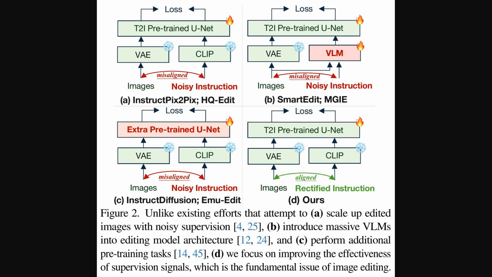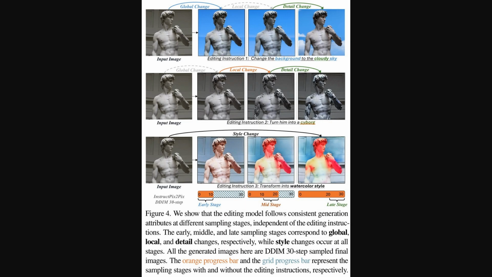Okay, so Figure 2 showed us the what of SuperEdit's architecture. Now, Figure 4 gives us a peek into the how, specifically how the model handles different types of edits over time. We see examples like changing a background to a cloudy sky, turning a statue into a cyborg, or transforming it into a watercolor style. The figure illustrates that these edits happen in stages.